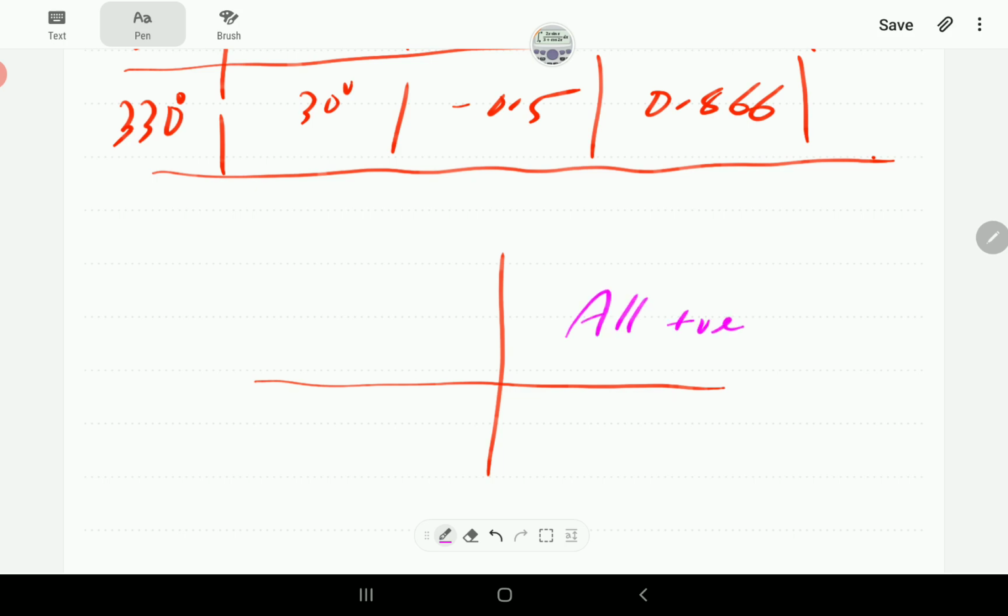In the second quadrant sine theta is positive. In the third quadrant tangent theta is positive. In the fourth quadrant cosine theta is positive.